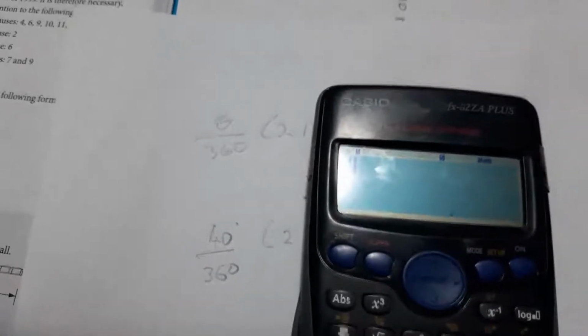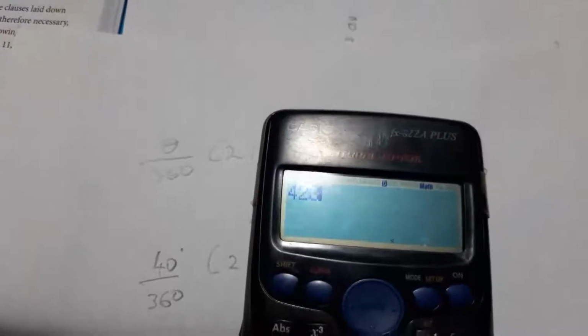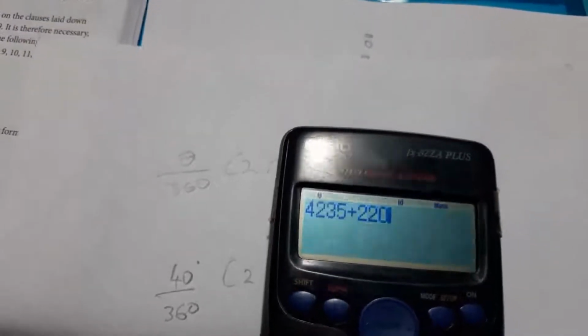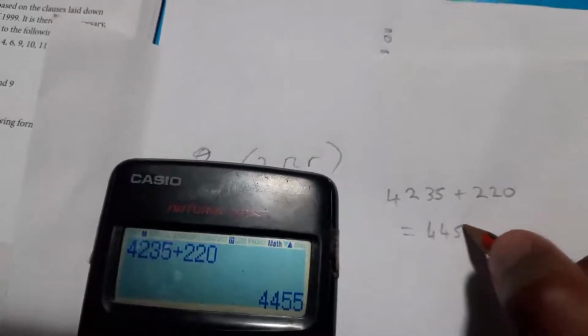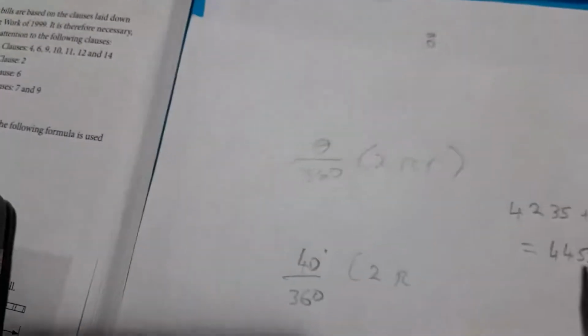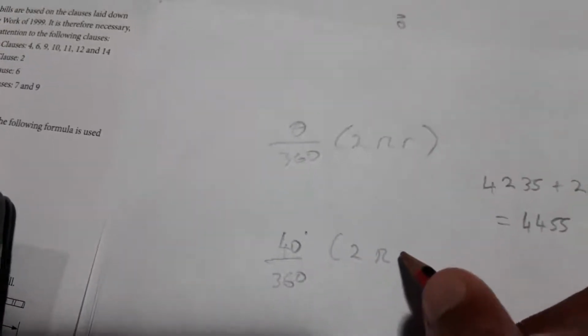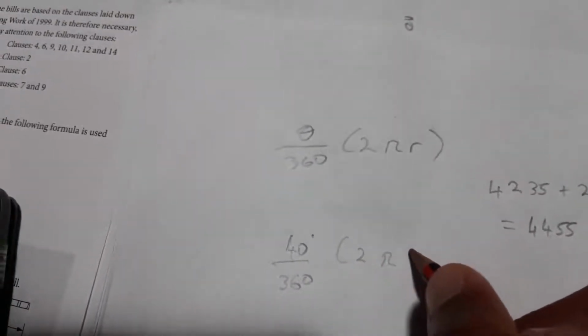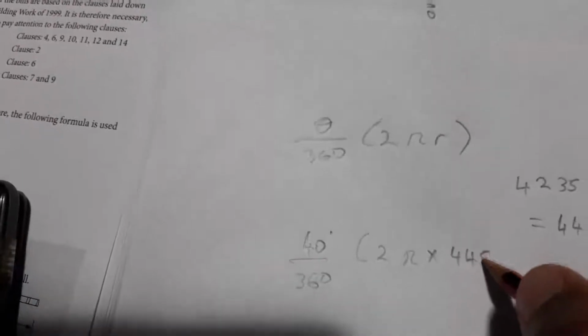So 4,135 plus 220 gives you 4,355. So you include this radius in your formula, which will be times 4,355.